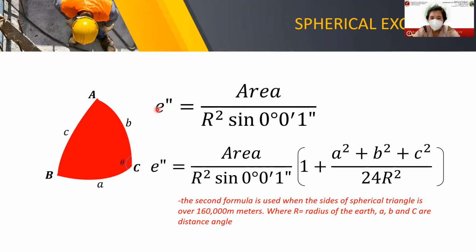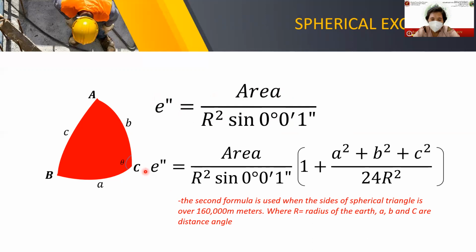So we can use the error E, denoted as E double prime, our spherical excess. You can compute the spherical excess as the area of the spherical triangle over r squared, where r is the radius of the earth, times sine of 0 degrees, 0 minutes, 1 second.